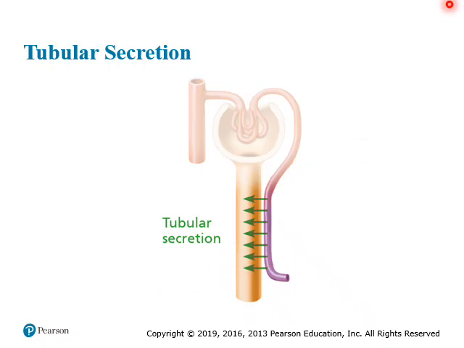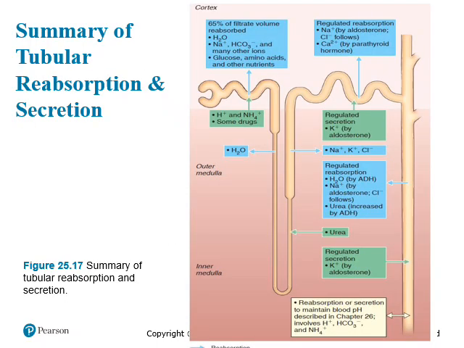So tubular secretion, which is the reverse of reabsorption, occurs almost completely in the proximal convoluted tubule. Selected substances are moved from the peritubular capillaries, and this is the secretion.